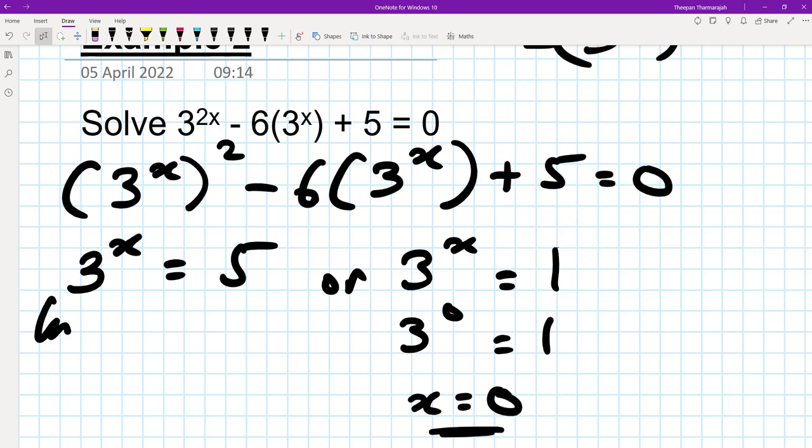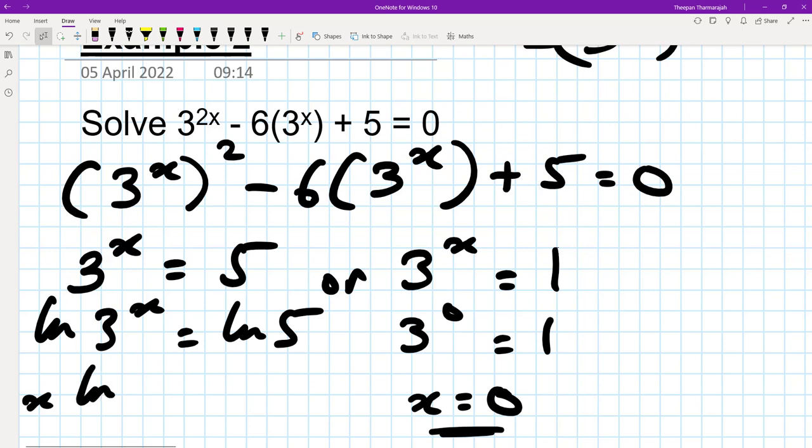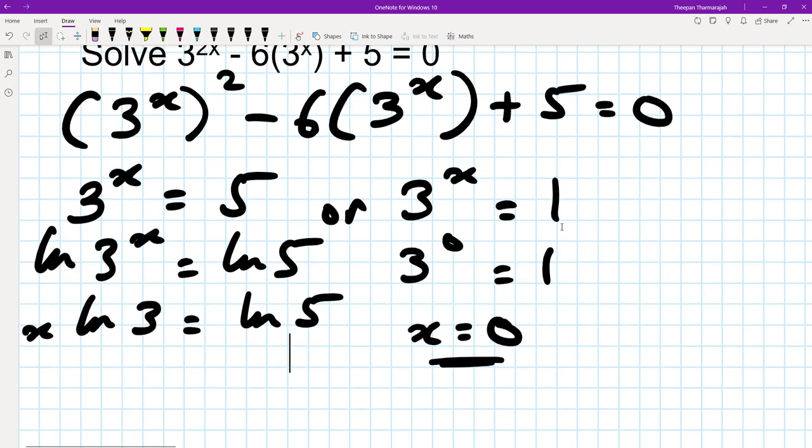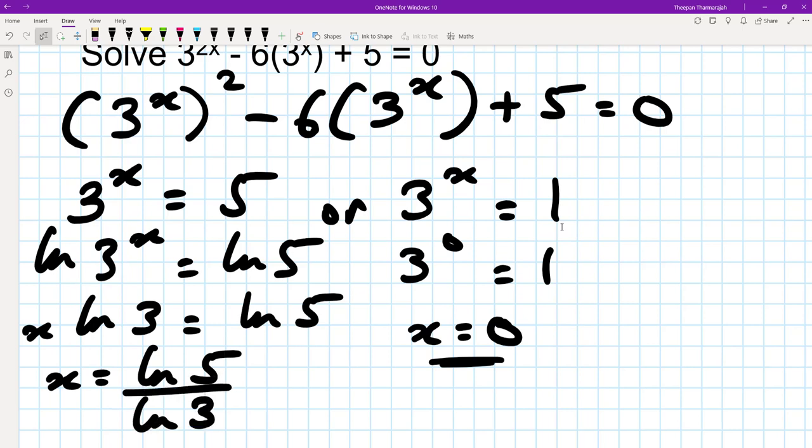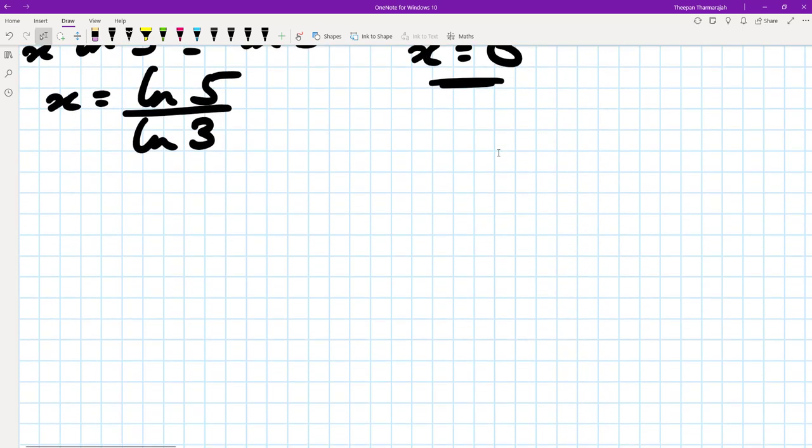Then here we do ln 3 to the power of x equals ln of 5. Bring the x down. x times ln 3 equals ln 5. And then we can say that x is ln 5 over ln 3. And then we can divide them.